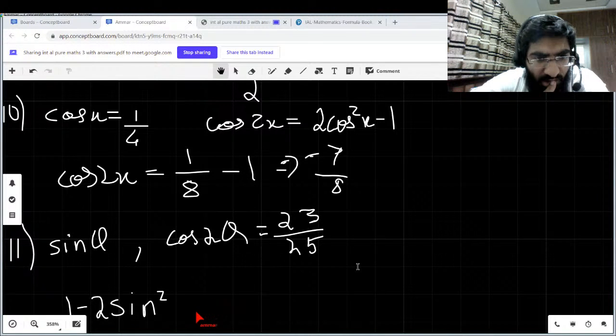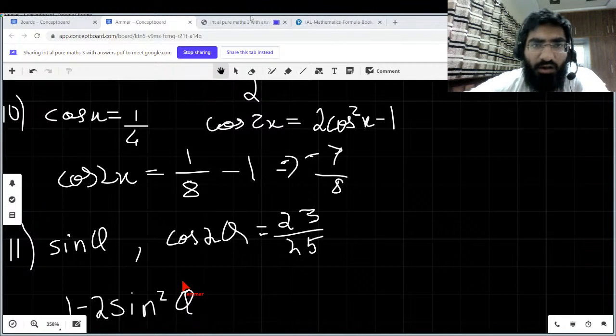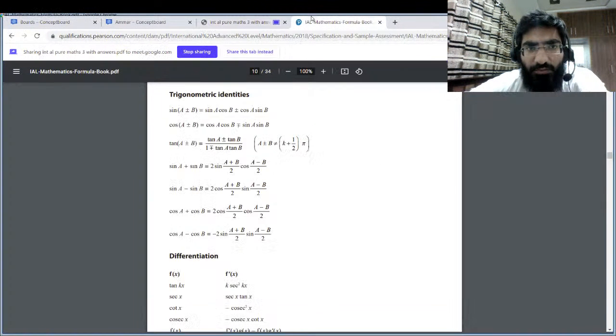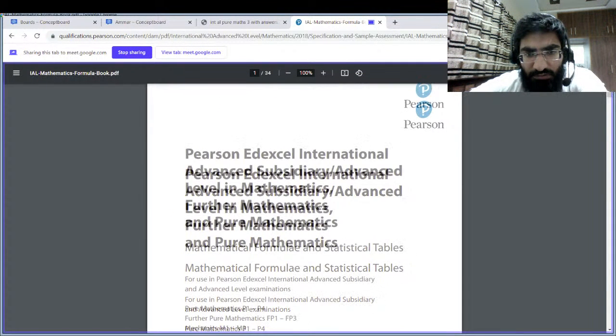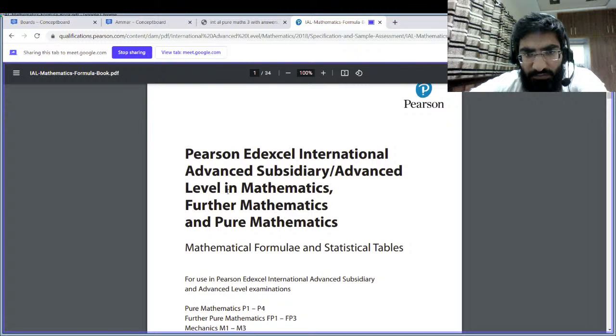Can you look again if in the booklet it's there or not? Any other website? Formula booklet. Let me check.